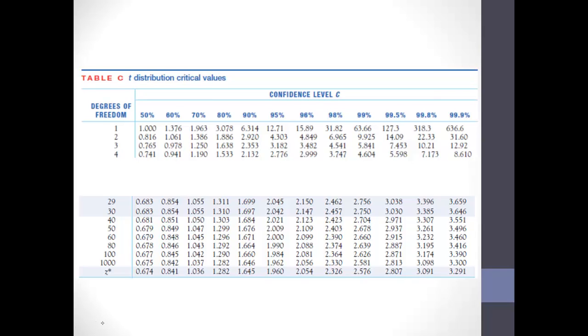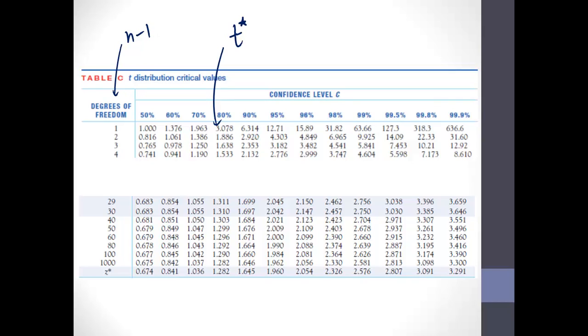Okay, so just quickly to point out here on the table, what this table gives us, again, remember, is the critical value. So what's actually inside the table here? This is our t star values. So again, this is very different than the standard normal table that we looked at before. We're going to figure out what our degrees of freedom are. Remember, the degrees of freedom is n minus 1.